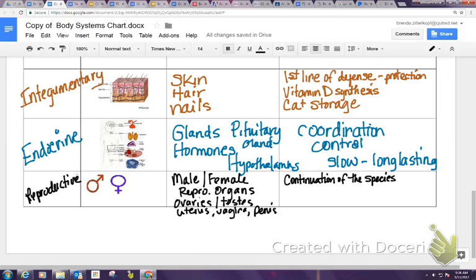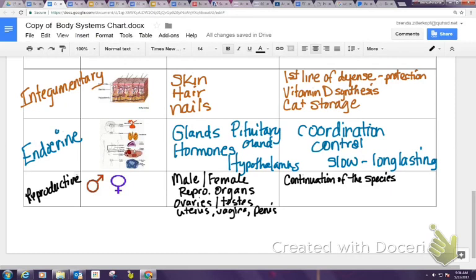So that is your 45-minute, 34 minutes here on my timer, but very quick summary of all the body systems. And with the exception of the questions that are more specific about the respiratory, the digestive, and the urinary systems, those questions are going to be more specific.